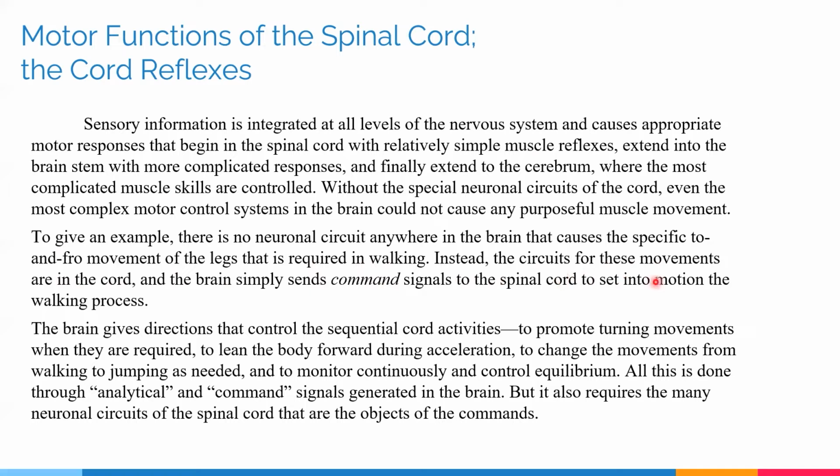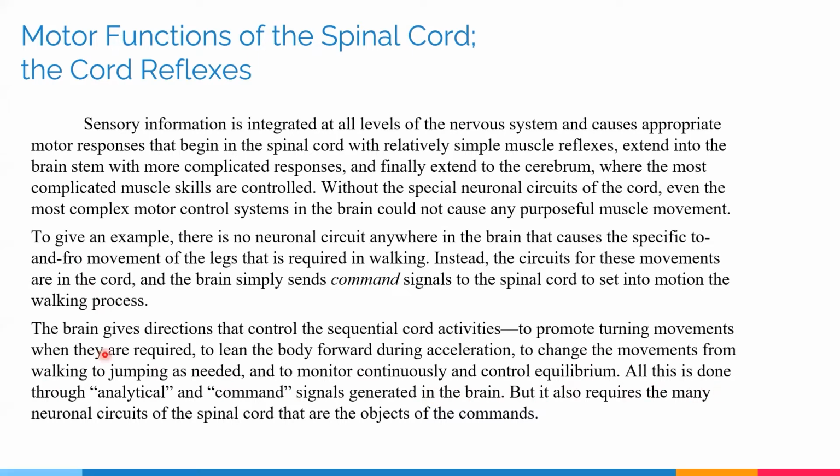Instead, the circuits for these movements are in the cord, and the brain simply sends command signals to the spinal cord to set into motion the walking process. The brain thus gives directions that control the sequential cord activities to promote turning movements when they are required, to lean the body forward during acceleration, to change the movements from walking to jumping as needed, and to monitor continuously and control equilibrium.